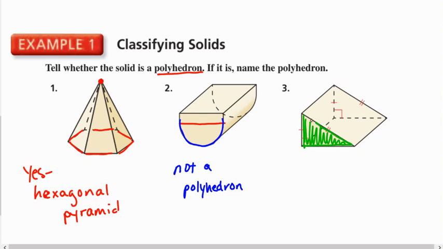Because this is a triangle, we have that repeated as a triangle on the back side. Yes, it's a polyhedron. This kind of polyhedron is called a triangular prism. Prism because all of the sides are straight and the top is the same as the bottom.